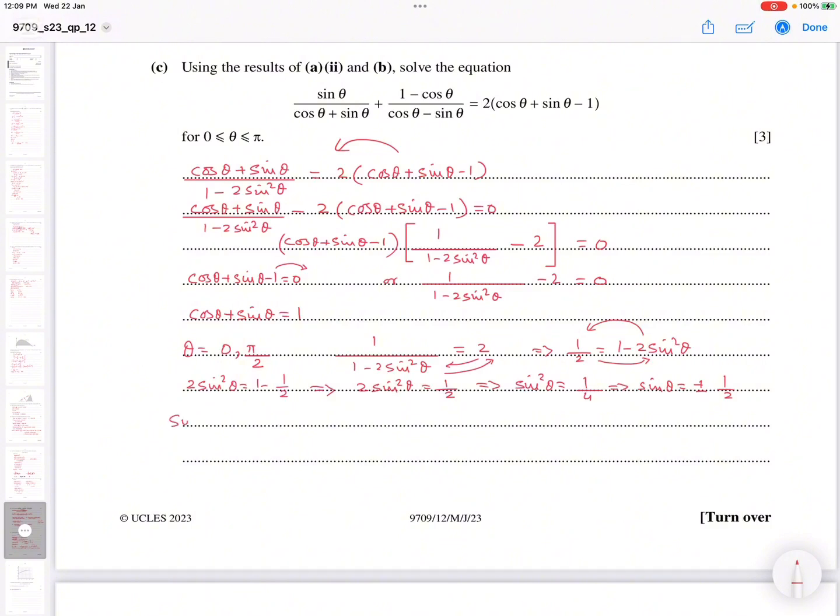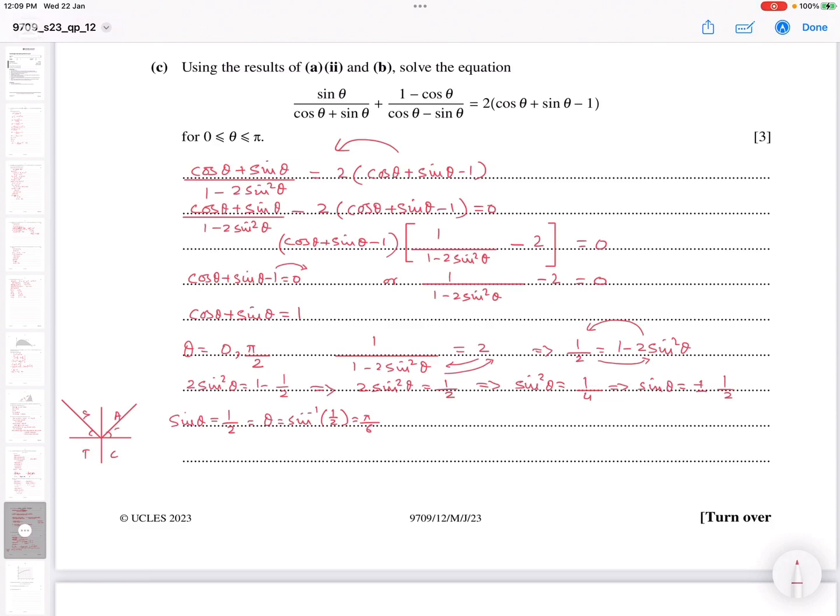So sine theta, when 1 over 2, it's positive, so ASTC, so theta is sine inverse of 1 by 2, and this is pi by 6. So your basic angle, positive sine is here and here.